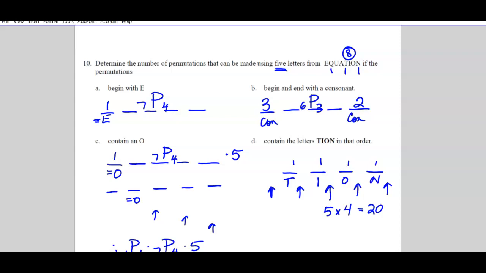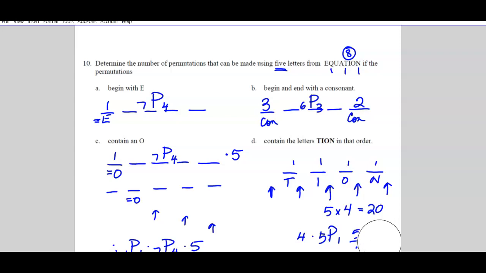Question? Would it be like 20? Would it be the same as like 4 times 5P1? If it's 1 letter, if it's 5 spots, and there's 4 letters. 4 times 5P1. Yeah. 5 factorial over, oh yeah, I guess it is.